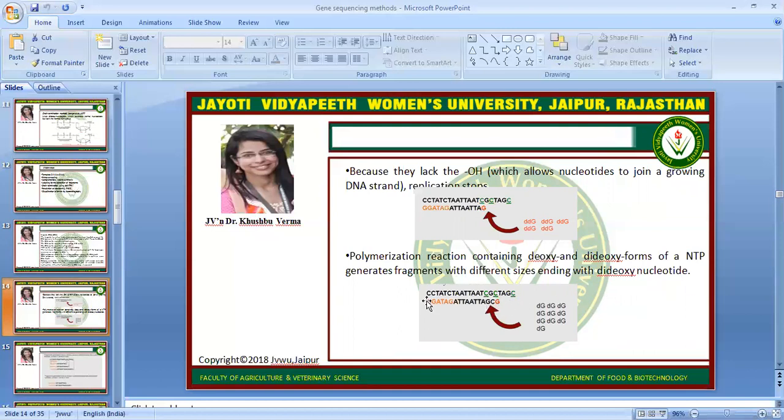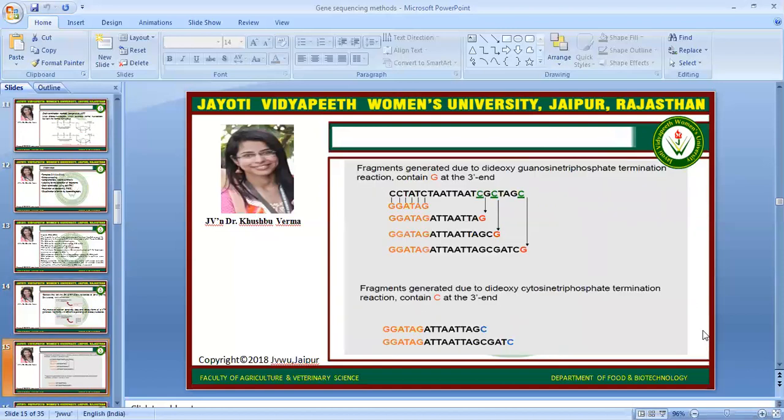So here we can see it will stop replication here, and the fragments generated by the dideoxyguanosine triphosphate termination reaction contain G at the 3' end. Here we can see this is the primer, and through the process we get different size fragments. Here G will attach and stop the reaction, here G will stop, and in this reaction it will stop here.